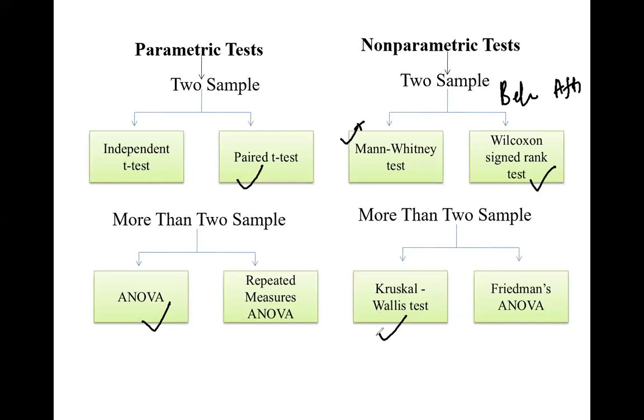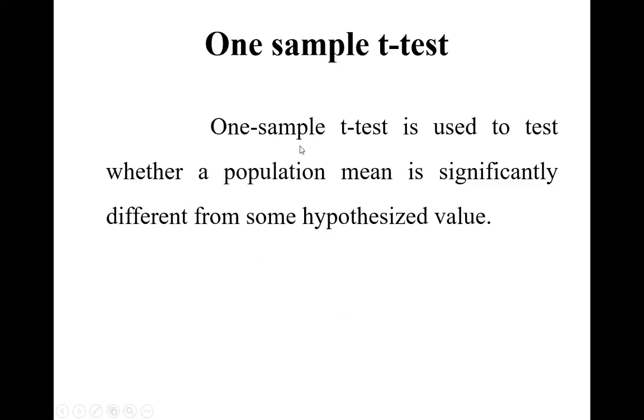The Kruskal-Wallis test is not doing anything new. It is the same as comparing more than two ranks. And the Friedman ANOVA is equivalent to repeated measures ANOVA. So I am taking a case study of the one sample t-test, then the independent t-test, paired t-test, the ANOVA and repeated measures ANOVA.